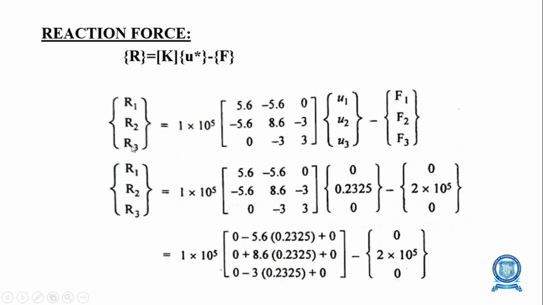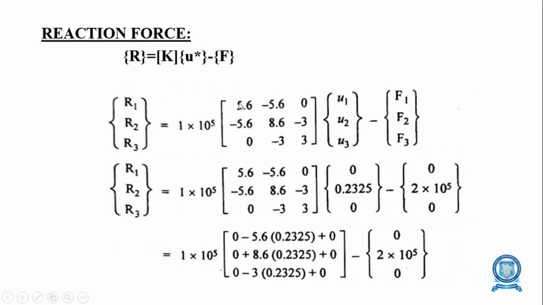R1, R2 and R3 is equal to stiffness matrix 1 into 10 to the power 5 of 5.6, minus 5.6, 0, minus 5.6, 8.6, minus 3, 0, minus 3, 3, into vector matrix of U1, U2, U3, minus vector matrix of F1, F2, F3.